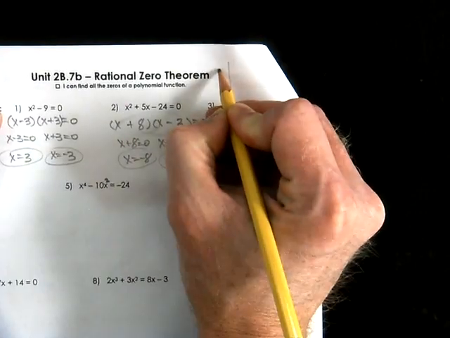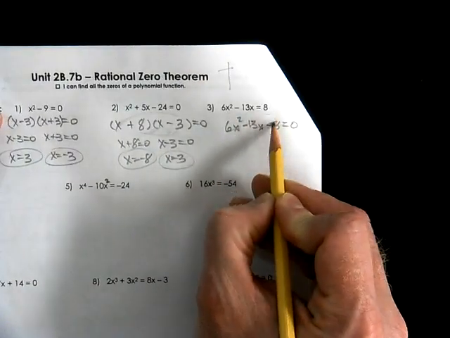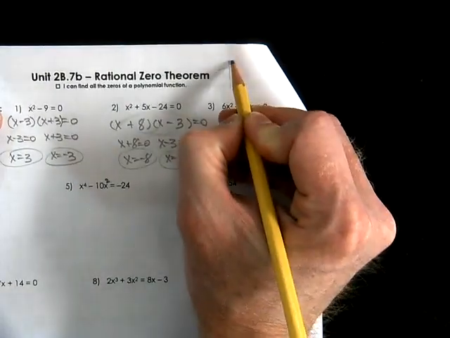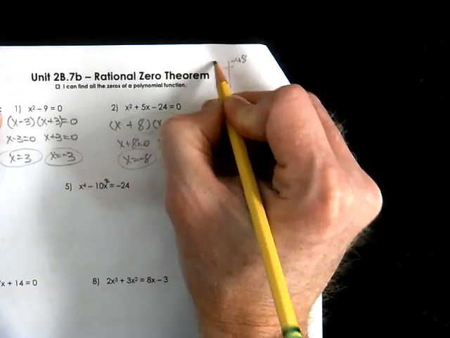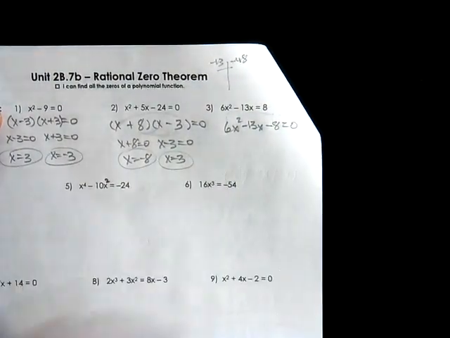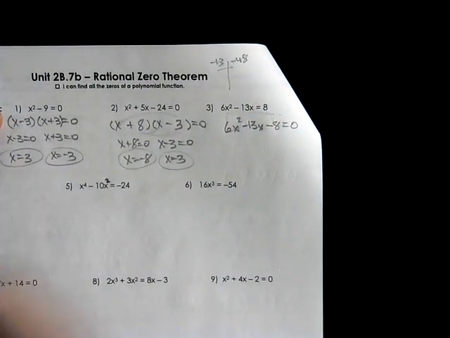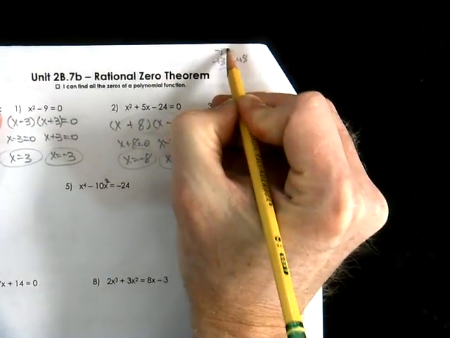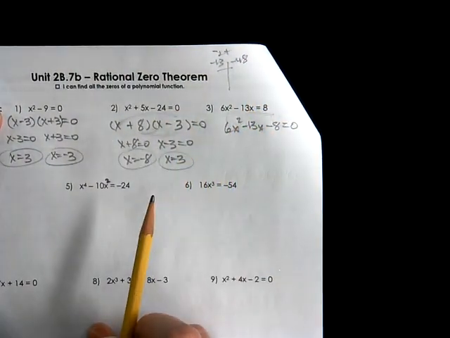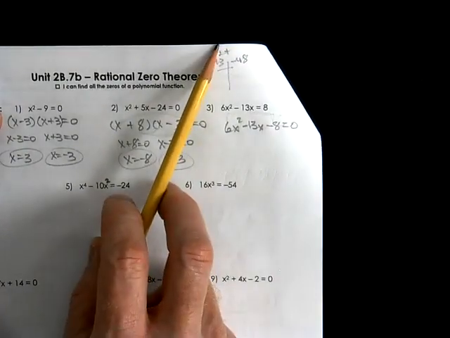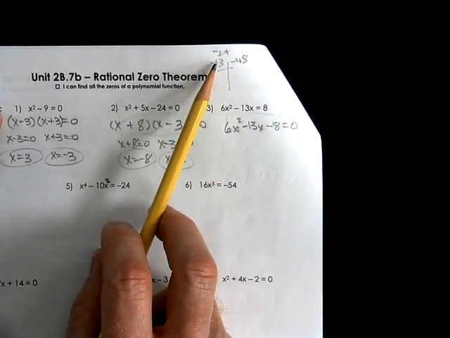Or we can use our table. What multiplies to be negative 48 and adds to be negative 13? We know our two signs have to be different if they're going to multiply to be negative 48. And the larger number has to be negative if it adds to be a negative.